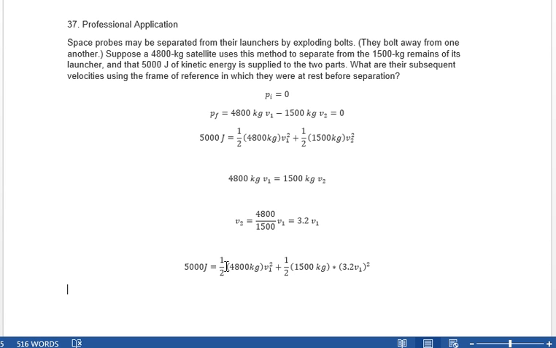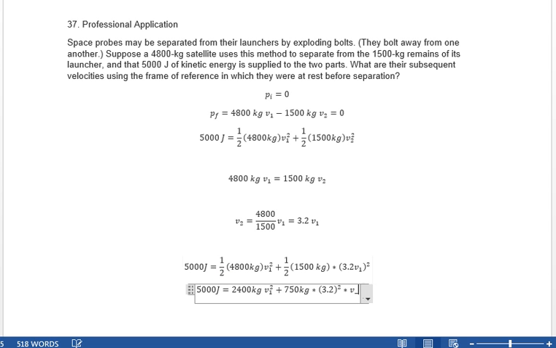All right, so the second piece, the last term, we can rewrite just a little bit as 5,000 joules equals, I'm going to change 2,400 kilograms. I'm going to use the 1/2. Go ahead and get that out of the way, right? Times V1 squared plus 750 kilograms times 3.2 squared, right?